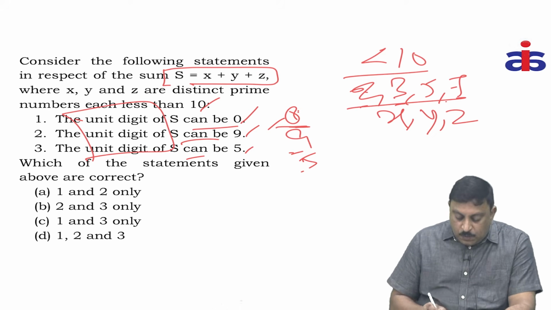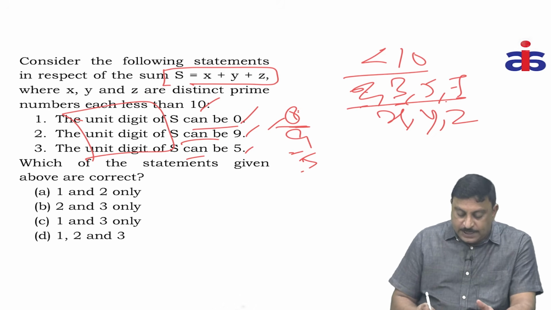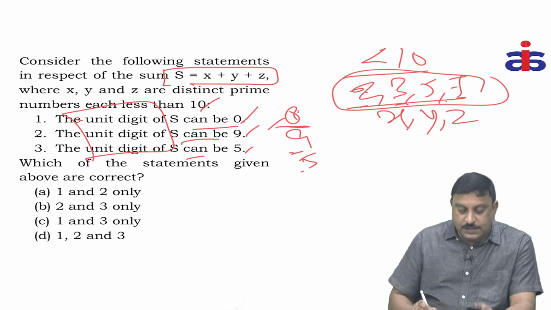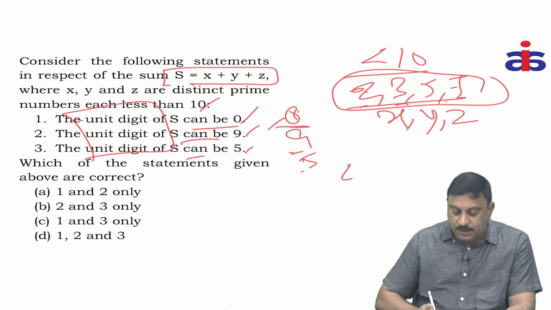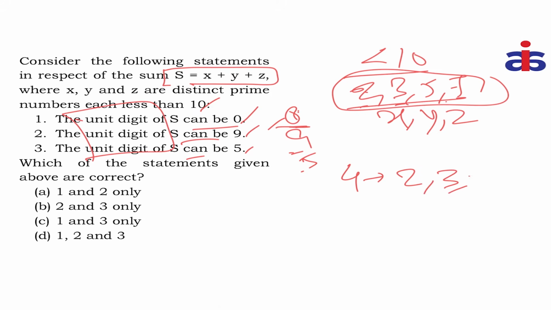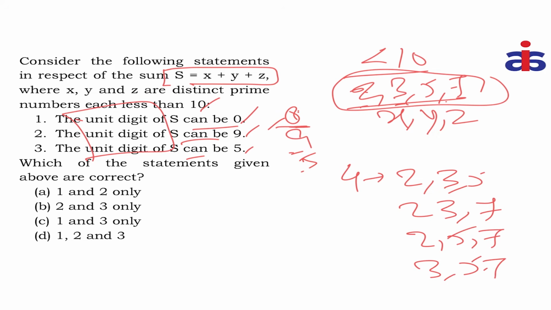So we have to search for the combinations of 3 out of 4. It is nothing but 4 combinations. That is 2, 3 and 5 is one combination, 2, 3 and 7, and 2, 5 and 7, and 3, 5, 7. These are the only combinations you have to check to get the answers.